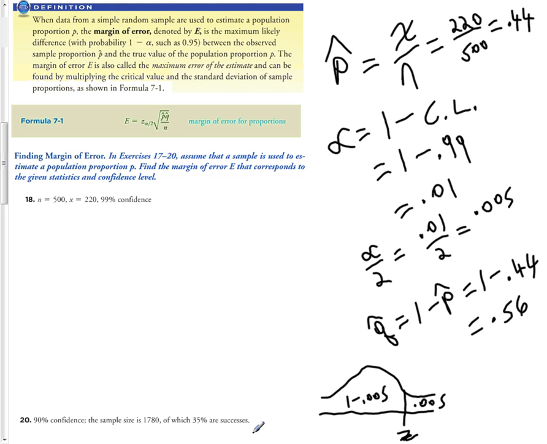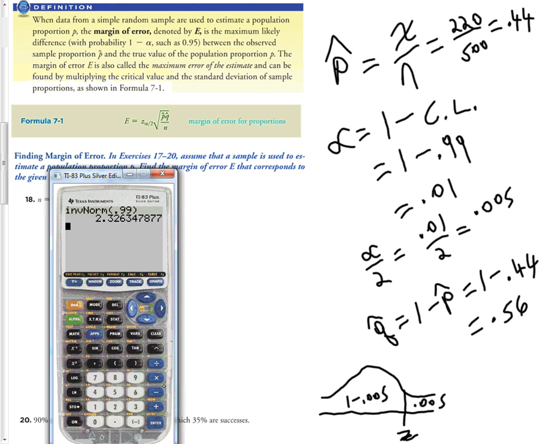So I'm going to come to the TI-83, and I'm going to do the inverse norm again. Second, distributions. I'm going to do number 3, which is the inverse norm. And what I'm putting in is 1 minus 0.005, or I could just put in 0.995. Close the parenthesis and press enter, and I get 2.56, or sorry, 2.58 as my z-score, my critical z.